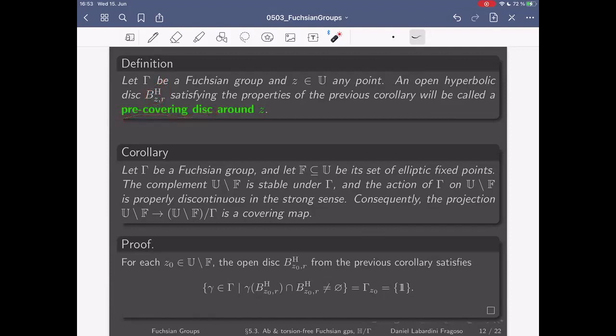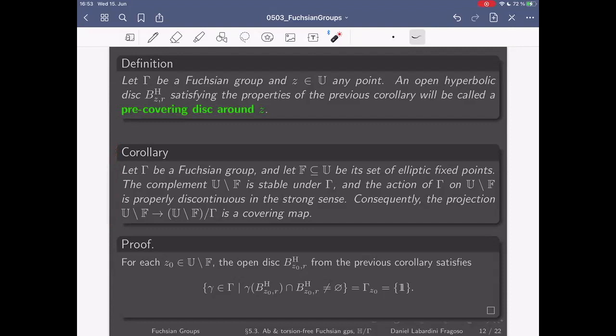So it's not quite a covering disk because it's not a covering map, which is this part of the Hendon exercise. But it's something analogous. So we call it a pre-covering disk.